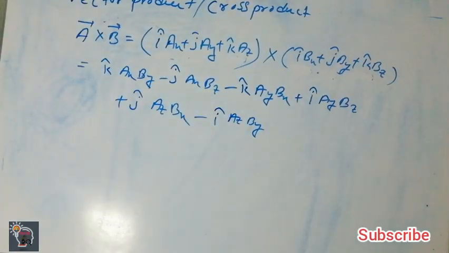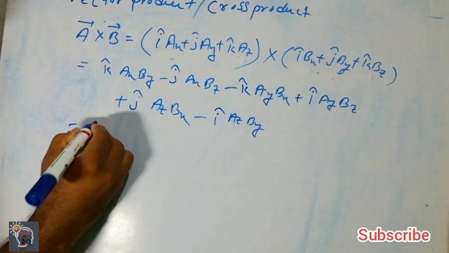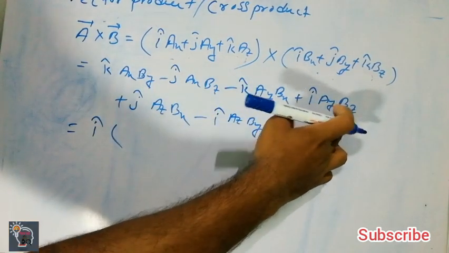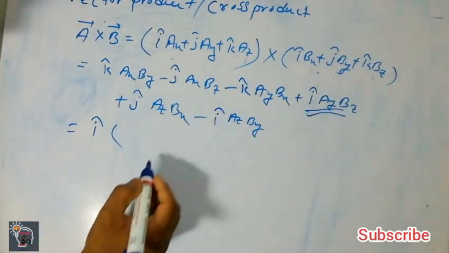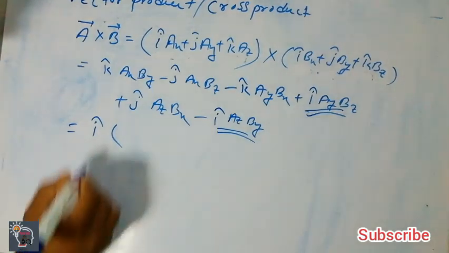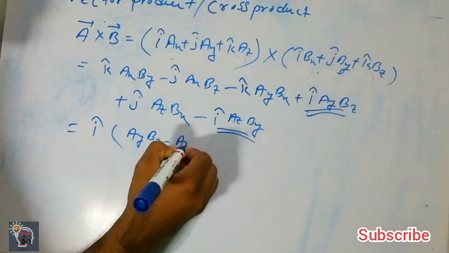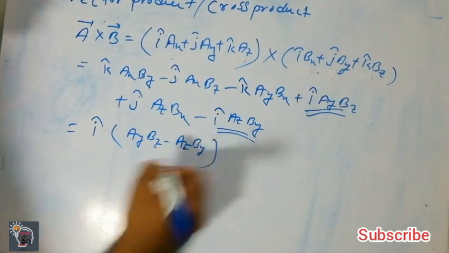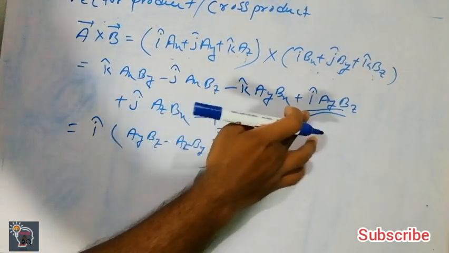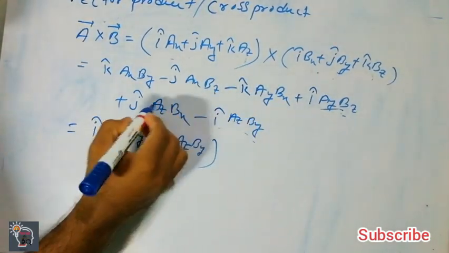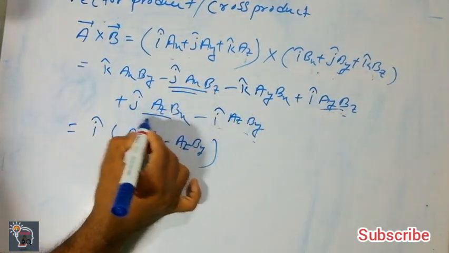So the result becomes, if we take first i cap, then i cap (Ay Bz minus Az By) plus j cap. Next I have to take plus j cap, here is one j cap and another one j cap is here.